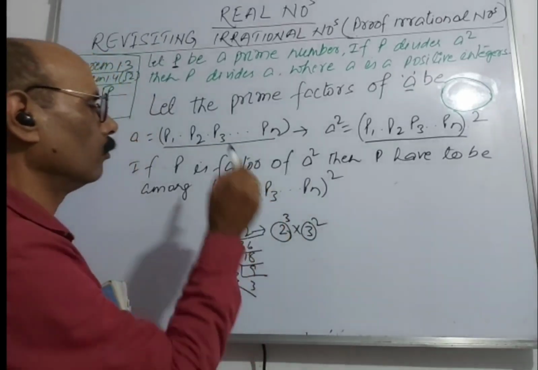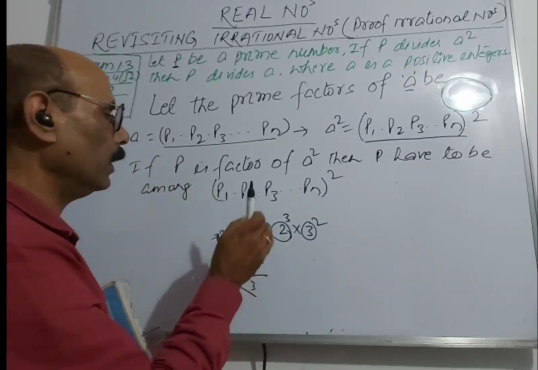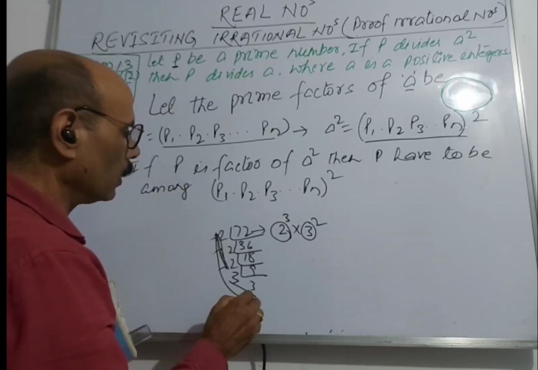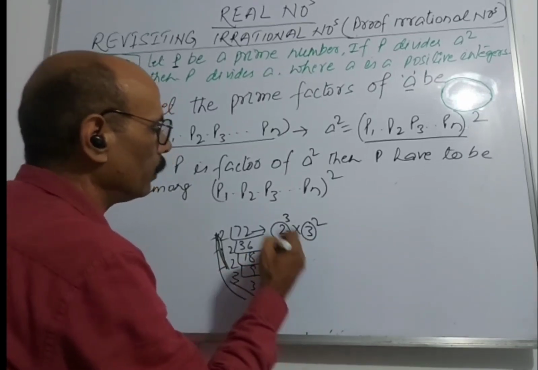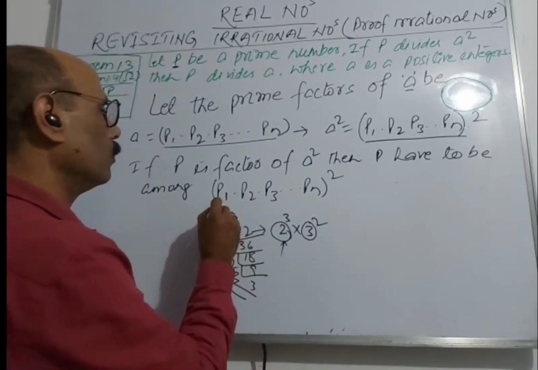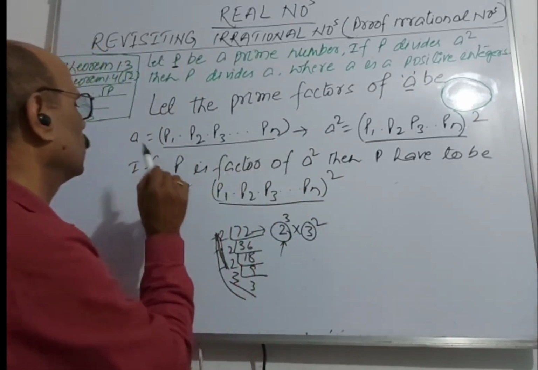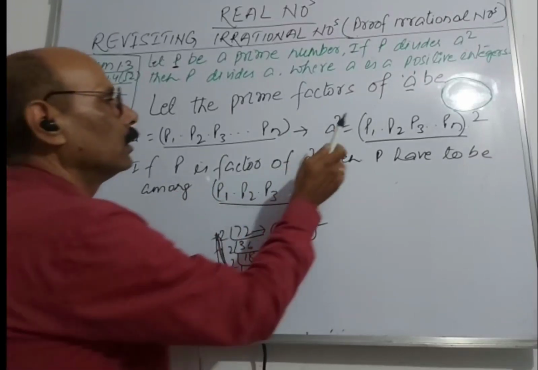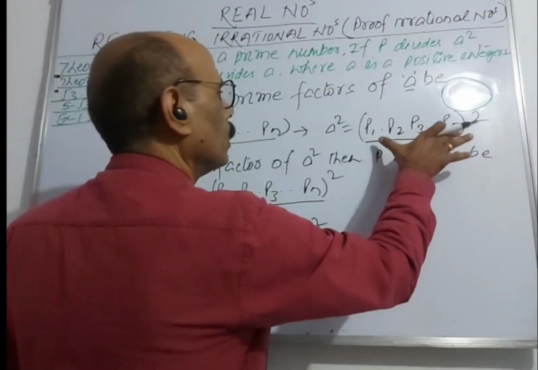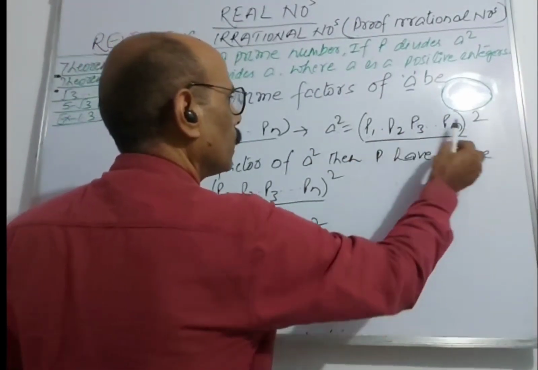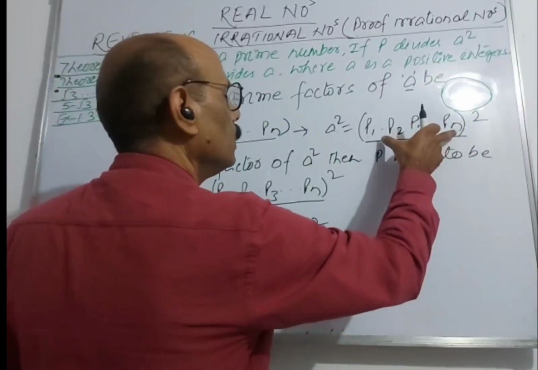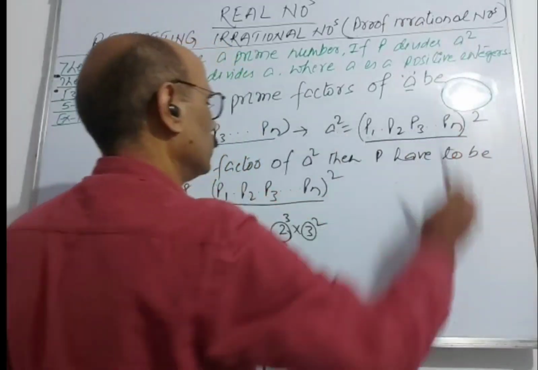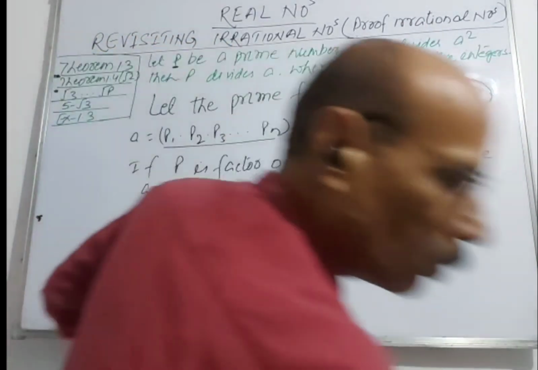The same way, if any prime number is among these factors, it has to be in the base. Understand here, if p is a factor of a square, and all the factors are written here, that means p has to be in the base, and this is the power of the base. Understood?